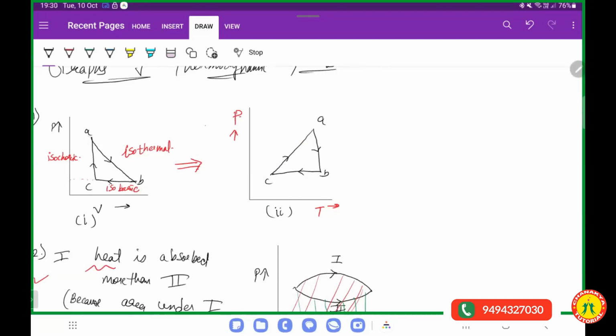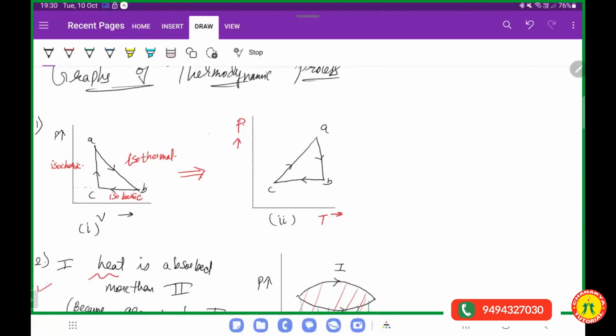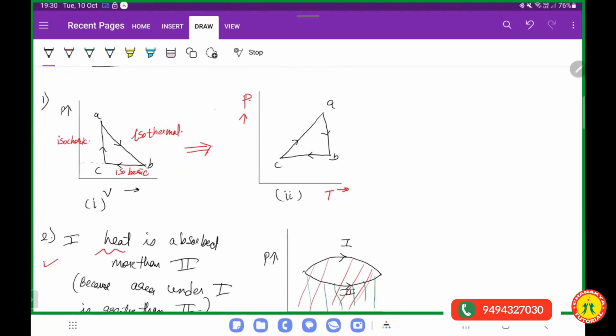My pressure is changing here. So change of pressure, you can see from here. Same points, A and A, B and B. Change of pressure.